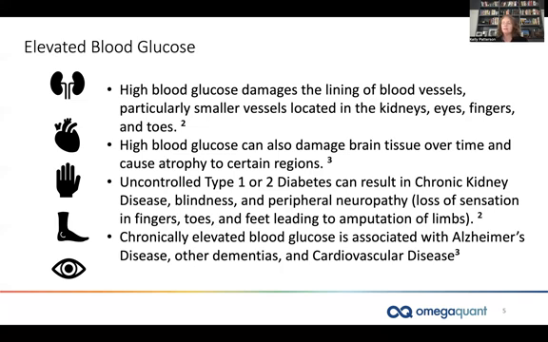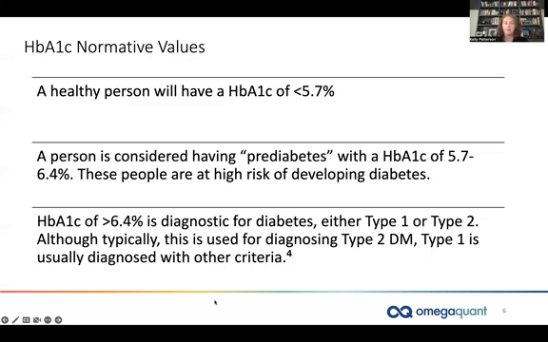Also, diabetes is one of those things that can go undetected for a little while until it gets really, really bad. You can be in the pre-diabetic range for a very long time before you spill over into that diagnosable diabetes, or before you have an emergency event. So there are a lot of complications associated with elevated blood glucose.